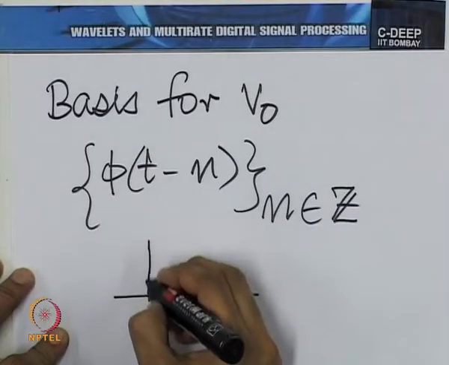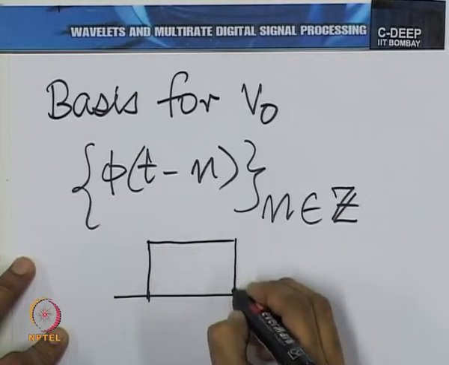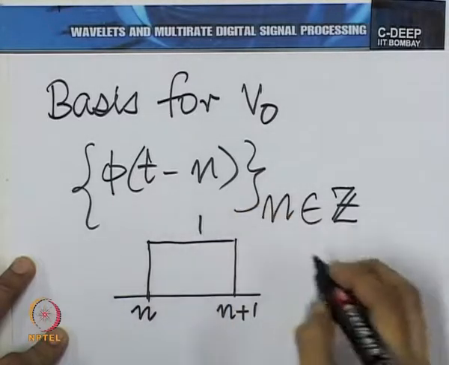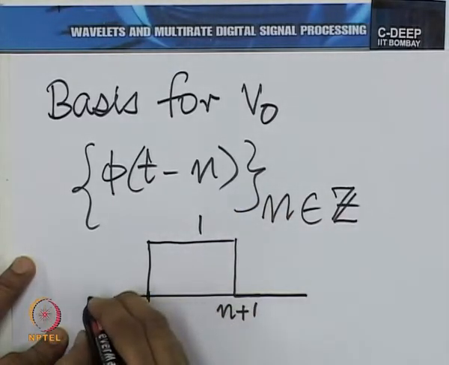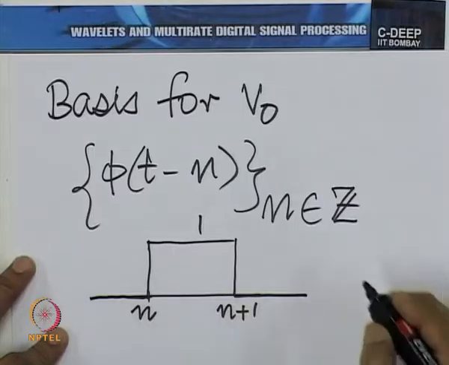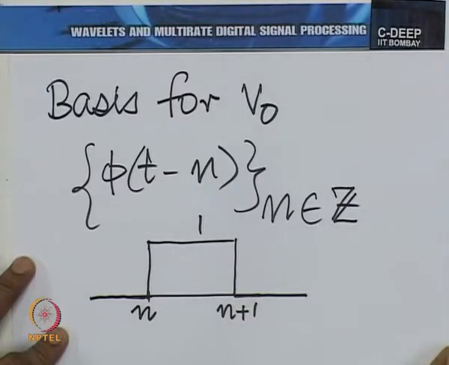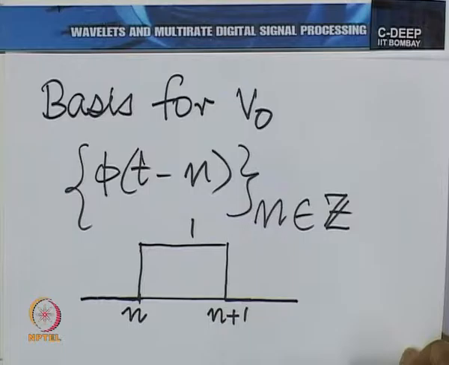It is 1 between n and n plus 1 and 0 everywhere else. This is how phi of t minus n looks. Now, in fact, this is also an orthonormal basis. I introduced that word, orthonormal basis.